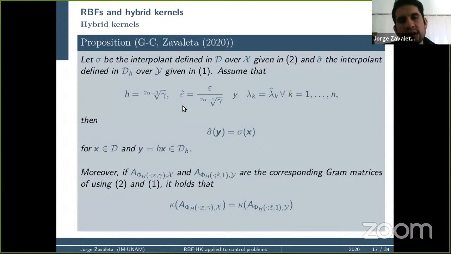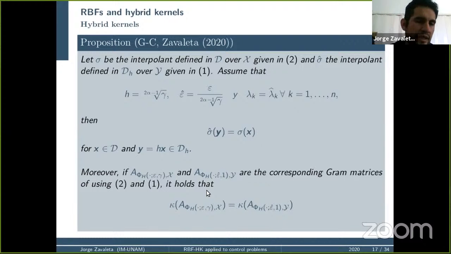It is relatively easy to show that the interpolants are related, meaning they define the same interpolant, if we consider these values for h, for the other parameter epsilon hat, and for the coefficients of the linear combination.